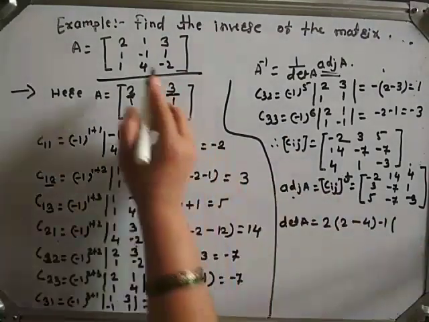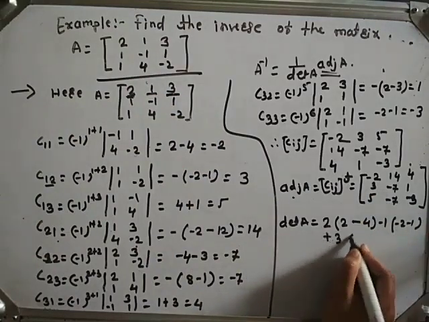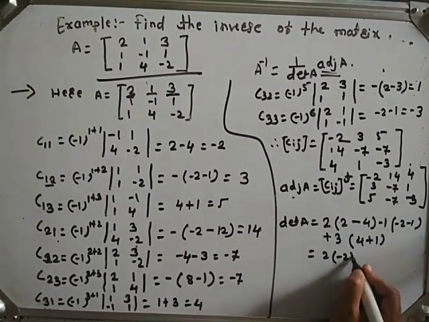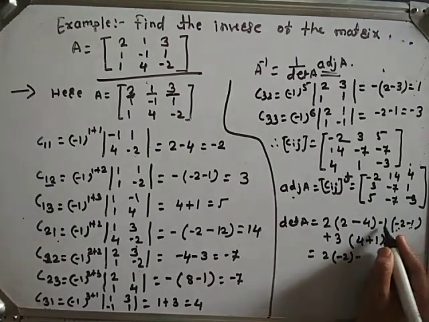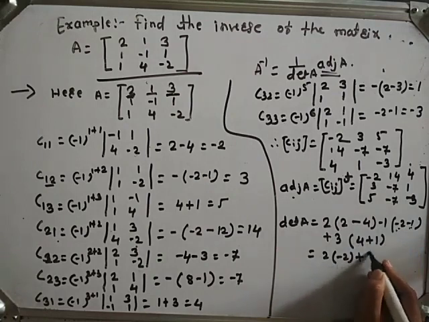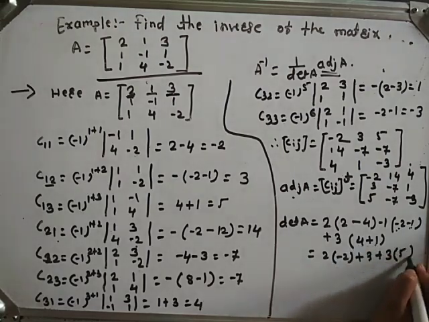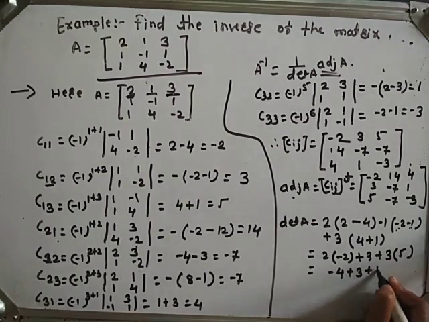Minus 1 into minus 2 minus 1 plus 3 into 4 plus 1 is equals to 2 into minus 2 minus 2 minus 1 is minus 3 into minus 1 plus 3 plus 3 into 4 plus 1 is 5, is equals to minus 4 plus 3 plus 15, is equals to minus 1 plus 15 is equals to 14.